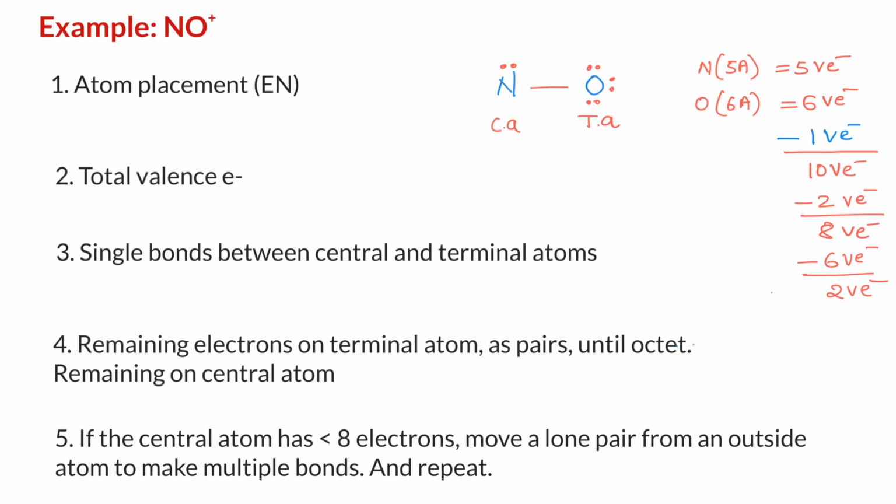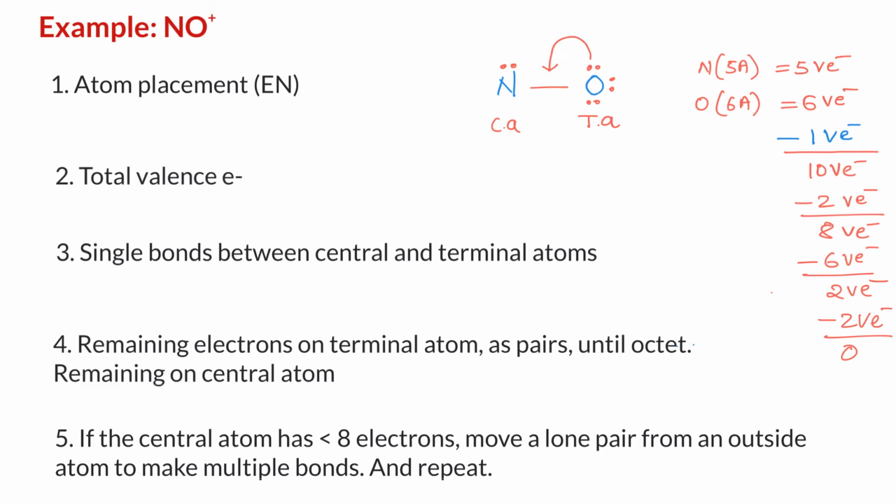I have used up all the valence electrons, but still nitrogen, which is the central atom, did not attain octet configuration. Therefore, I am going to transfer the electron pairs from the terminal atom as a multiple bond between the central atom and the terminal atom until the central atom gets an octet electronic configuration. First, I am going to transfer 1 electron pair.